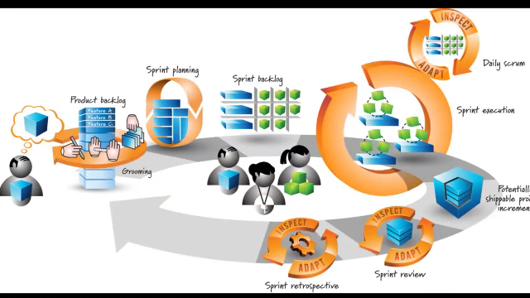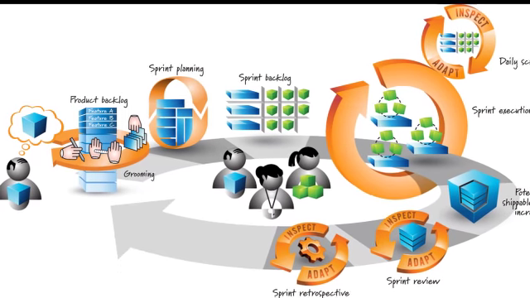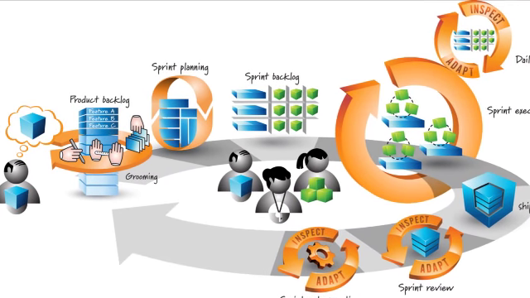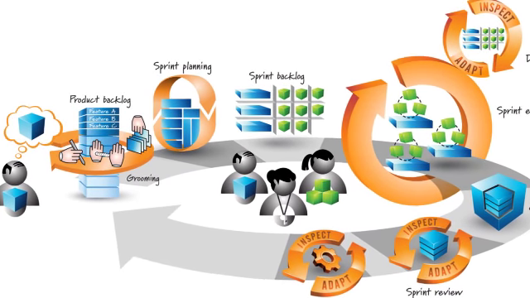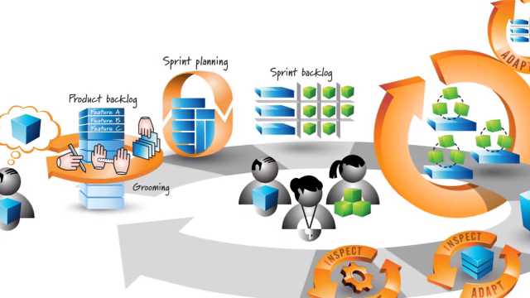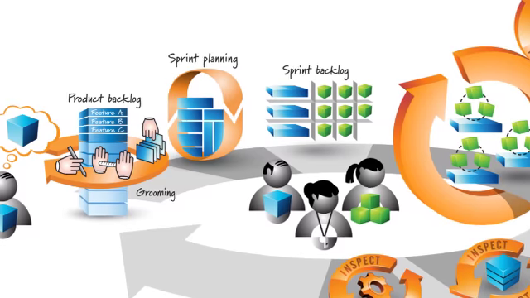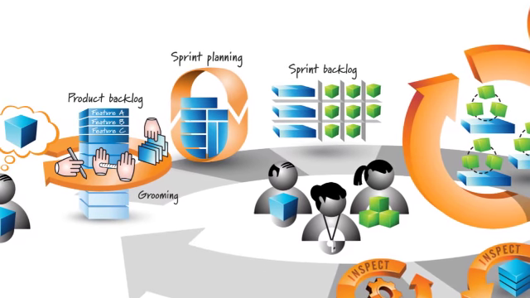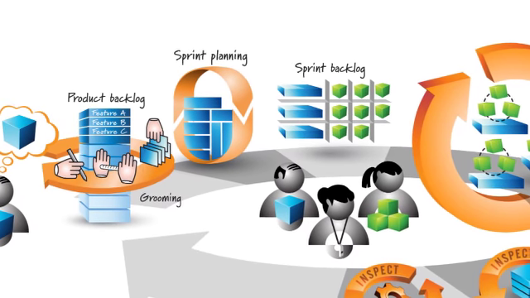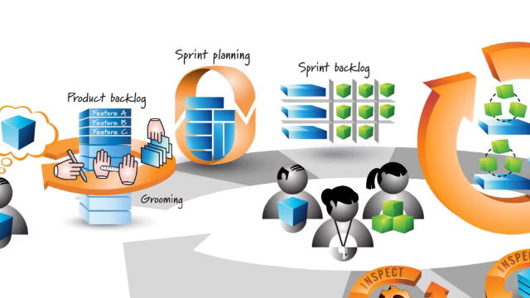Now, the gray looping arrow that dominates the center of this figure, that represents a sprint. That's the time-boxed iteration in Scrum. The first activity during a sprint is sprint planning. And you'll notice those 2 orange connecting arrows. They define a capacity. What is the capacity of the team to do work during this sprint? And the goal of sprint planning is actually quite easy.